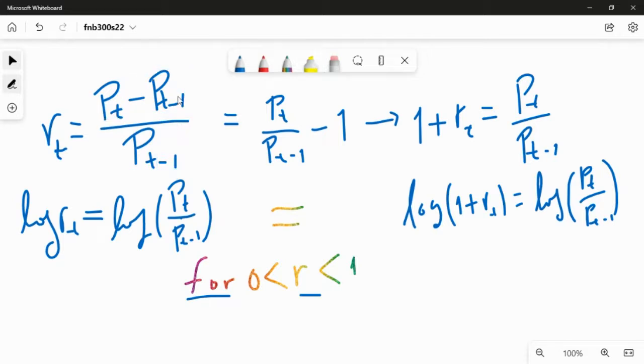Everybody should understand what these symbols represent. Pt is the price at time t, Pt minus 1 is the price at time t minus 1. And t and t minus 1 can be this year and last year, the price at the end of this year and the end of last year, or the end of this month and the end of last month.